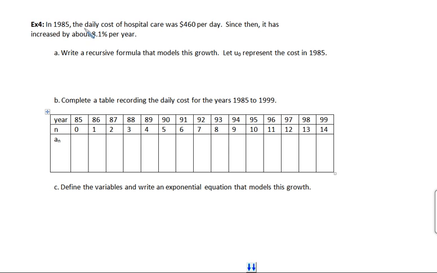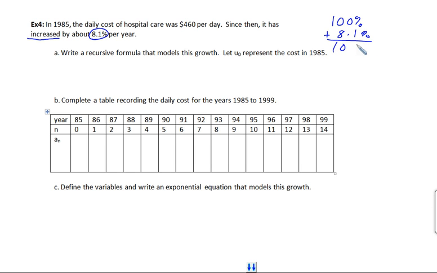In 1985, the daily cost of hospital care was $460 per day. Since then, it has increased by about 8.1% per year. So if it maintained its cost, it would be 100%, but besides that, it's increased by 8.1%.